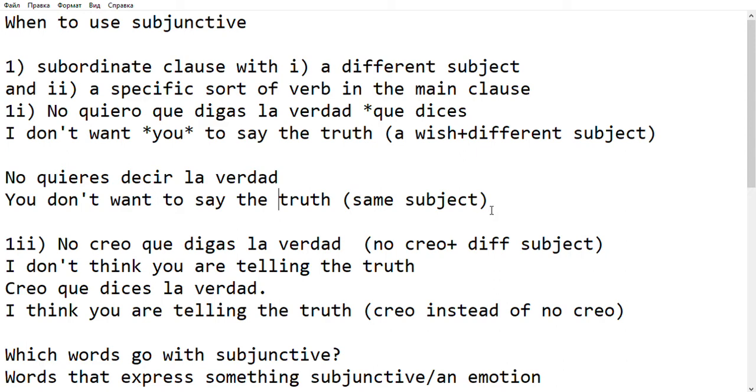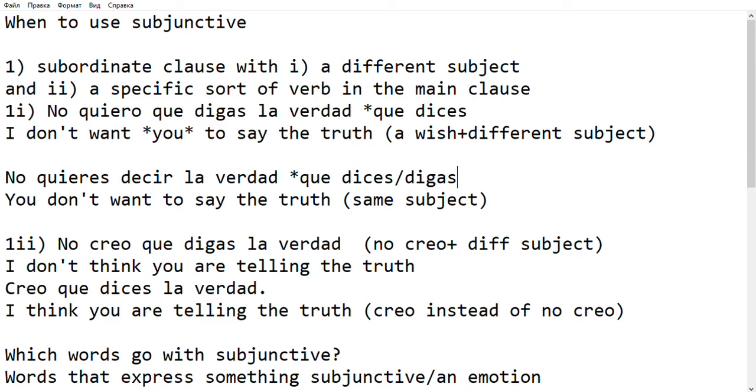Just the infinitive. So, what could be a mistake to say here? The correct phrase, first of all, is no quieres decir la verdad. The mistake, which often appears when students write, is something like, again, no quieres que dices, or even que digas would also be a mistake here. Both of these would be a mistake. Only the infinitive would be correct here.